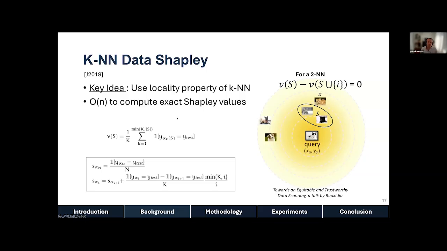The insight on why this is possible is to realize that for k-nearest neighbors, you only need to look at the k nearest neighbors for contribution. Any point that is further away than the k nearest neighbors will have a contribution of 0 if you select this valuation function. And so they arrived at this recursive formula that gives the data Shapley value of a point with respect to a query point, or a test point.